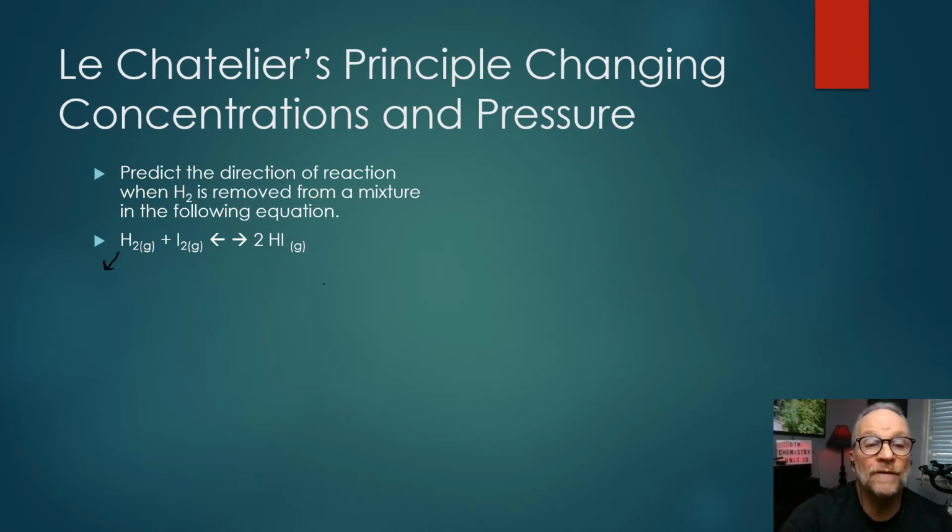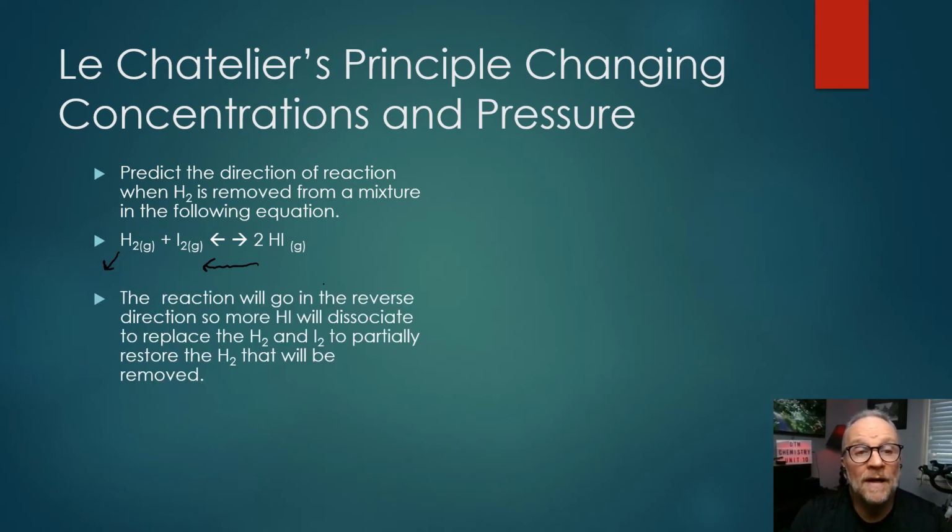It's going to shift towards H2 to produce more of it, so the ratio remains the same. So we get a shift to the left. More HI will dissociate to replace the H2 and the I2, to partially restore the H2 that was removed.